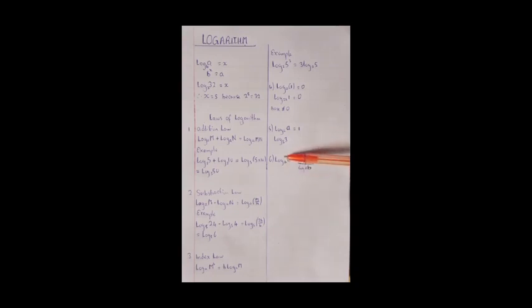You want to change the base in this log a base b to, let's say, d. You don't want the base to be b, you want it to be d. What you just have to do is take log a to that new base, which is d.